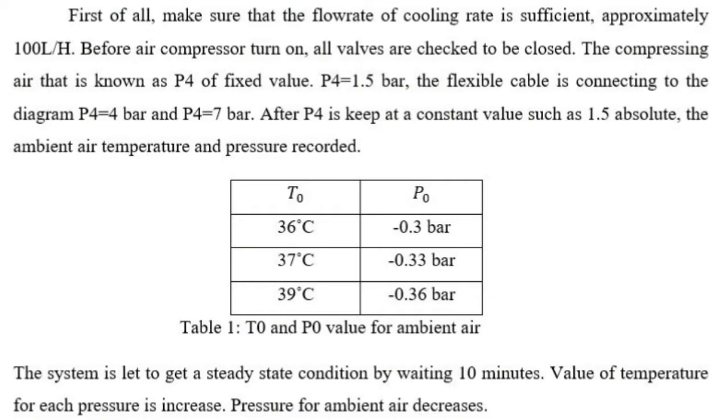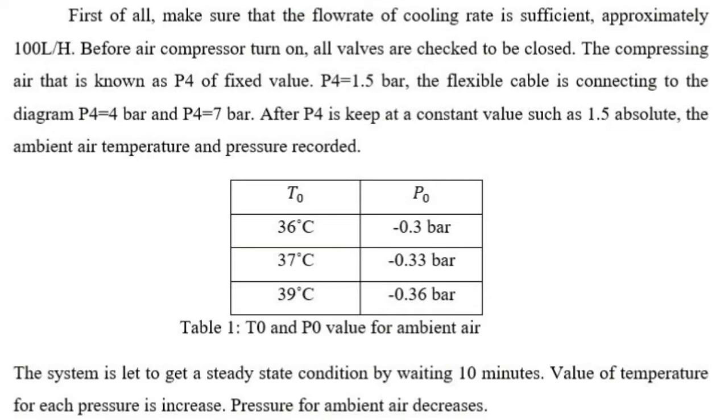After P4 is kept at a constant value, such as 1.5 absolute, the ambient air temperature and pressure are recorded in table 1, the T0 and P0 values for ambient air.